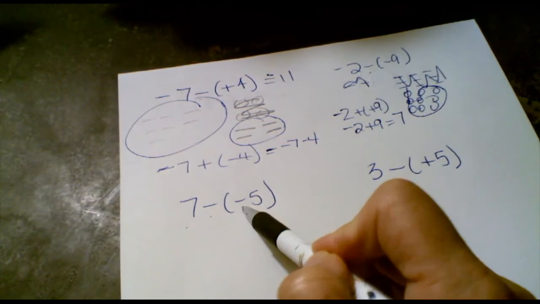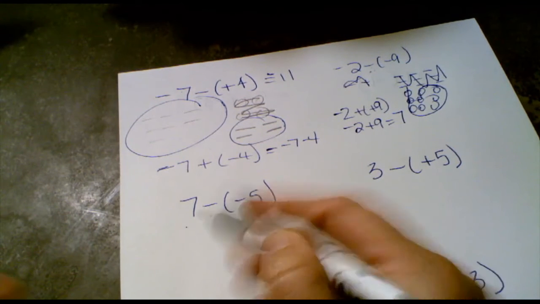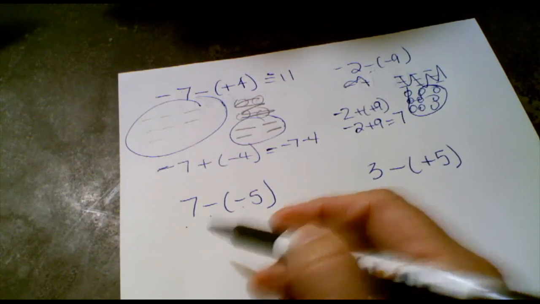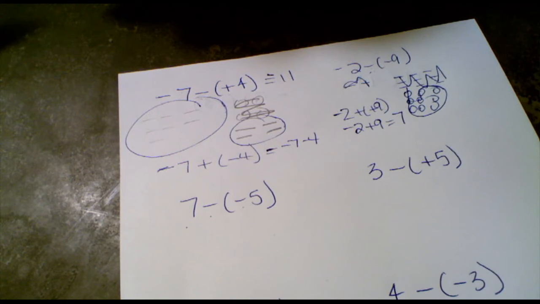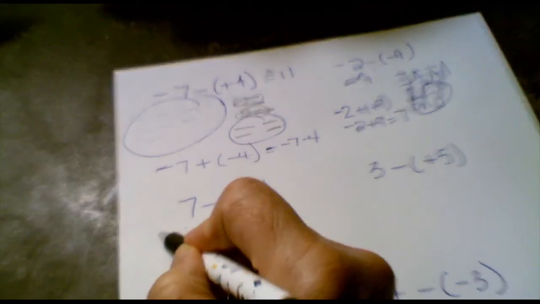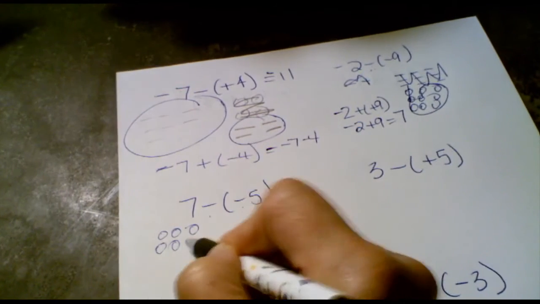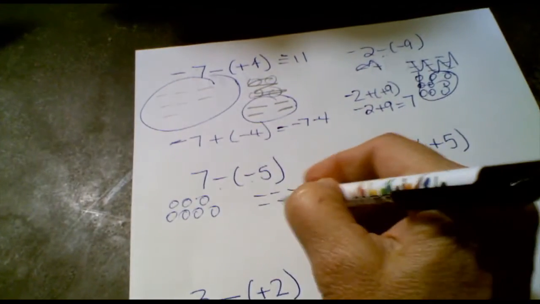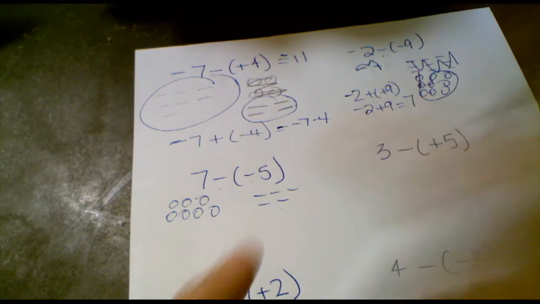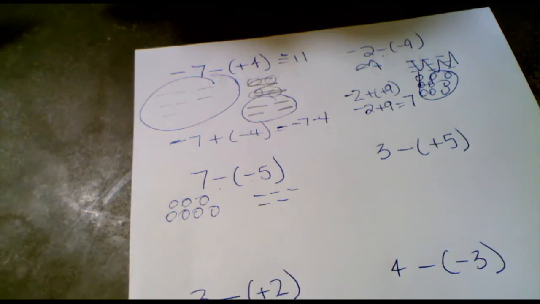7 minus -5. I can take 5 from 7, but I can't take a -5 from 7, because a -5 is impossible. So I'm going to bring 7 in: 1, 2, 3, 4, 5, 6, 7. And I'm going to bring in my 5 negatives: 1, 2, 3, 4, 5. All right, so I can't do it. I'm going to take something less than 0 from 7.